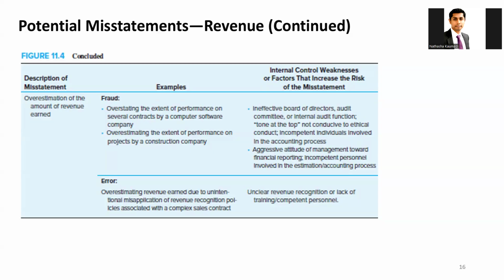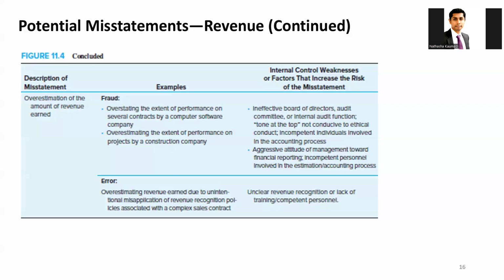We don't have the exact figure for that. So you are trying to overstate the performance, or overstating the extent of performance on projects by a construction company. As I mentioned, in the construction company, actually they have completed 30%. But sometimes if they want to manipulate the numbers for a better picture, they will say, we have completed 45% of the whole project. So based on that completion ratio, they might record the revenue.